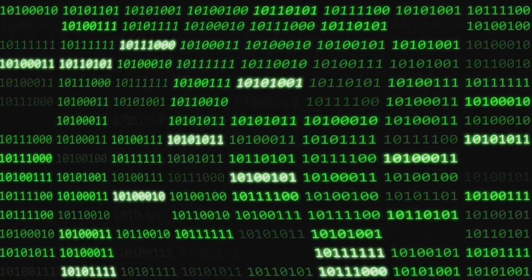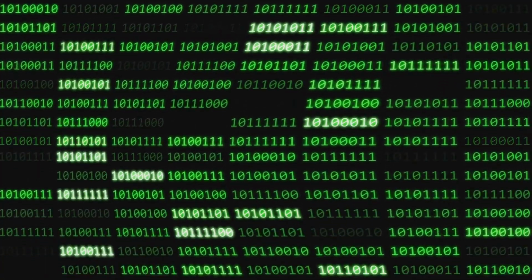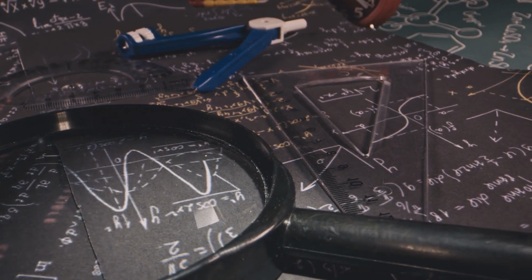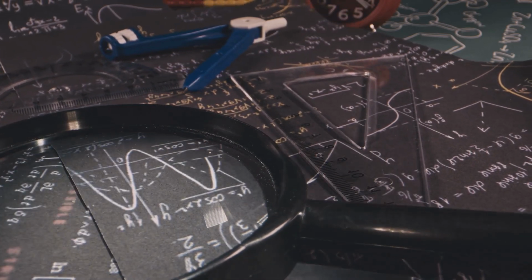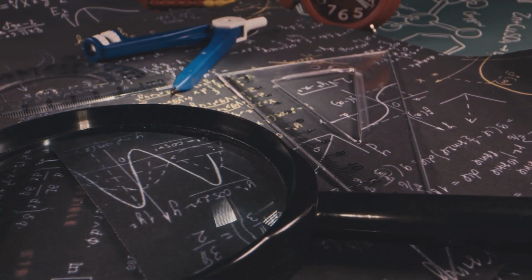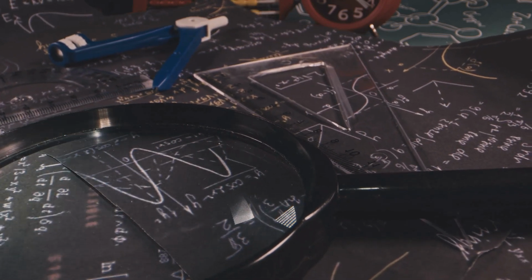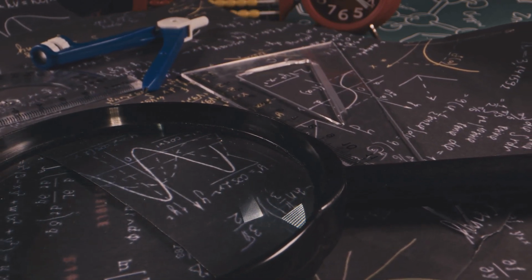In binary, it is represented as 1101111, which is equal to 2 to the power of 6 plus 2 to the power of 5 plus 2 to the power of 4 plus 2 to the power of 3 plus 2 to the power of 1 plus 2 to the power of 0.